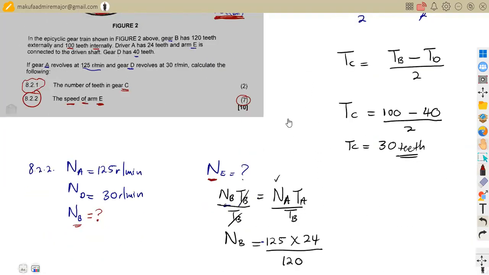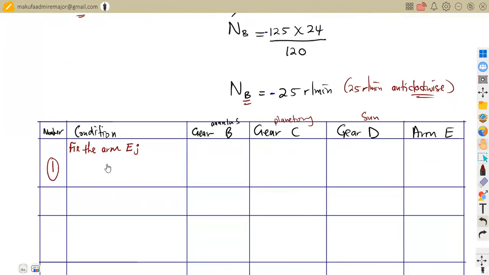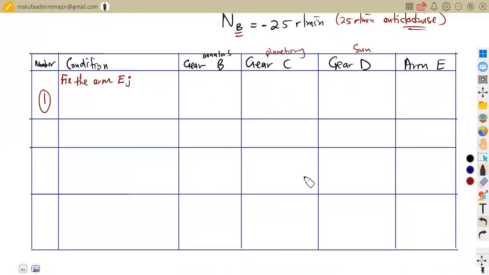The largest gear wheel is the one that you rotate. So this first condition is a fixed part that you're going to have in each and every question. You fix the arm, then you rotate the largest gear wheel, and our largest gear wheel is the annulus. So we are going to rotate gear B, which is the annulus in this case.